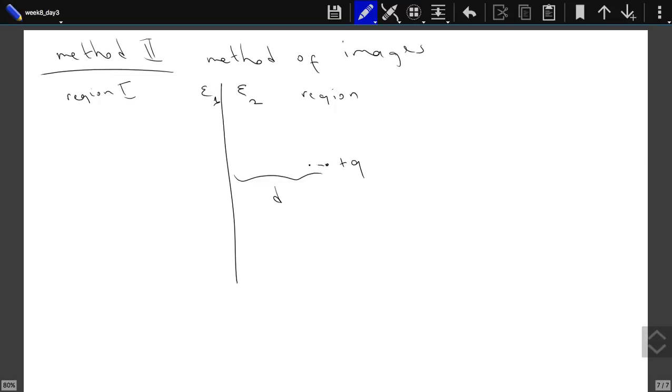So the image of this charge will be here. We don't know what the magnitude will be. At least if epsilon 1 is equal to epsilon 2, the magnitude should be 0. That is one limit we know.